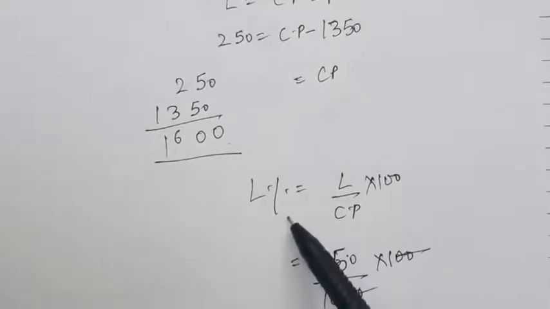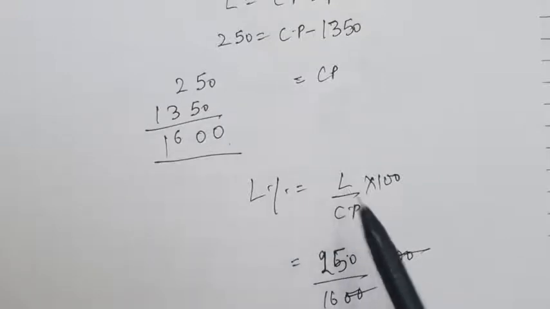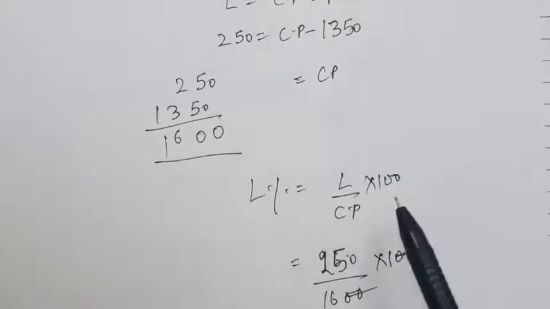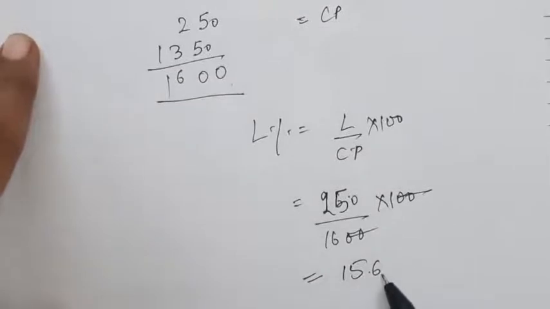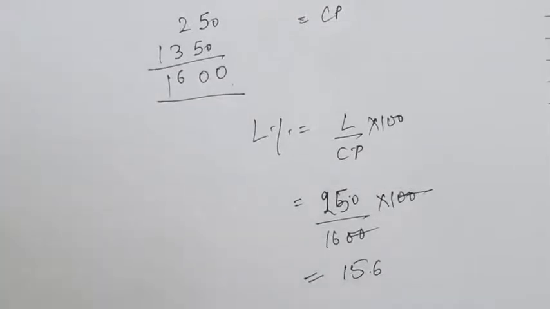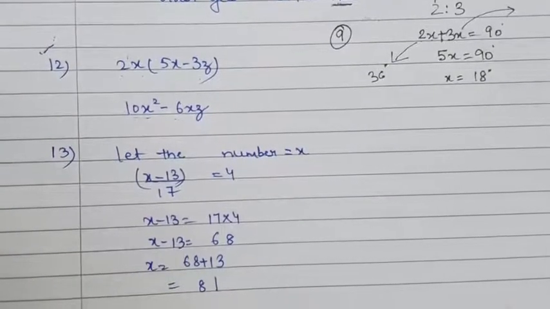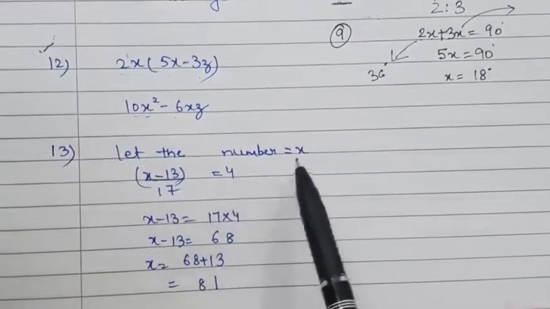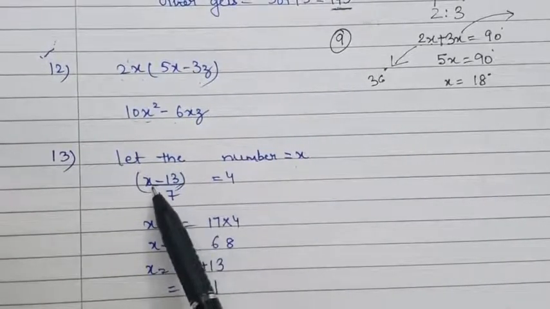So we will apply the formula for loss percent, that is, loss percent is equal to loss upon cost price into 100. So what we get? We get 15.6% loss. Clear?